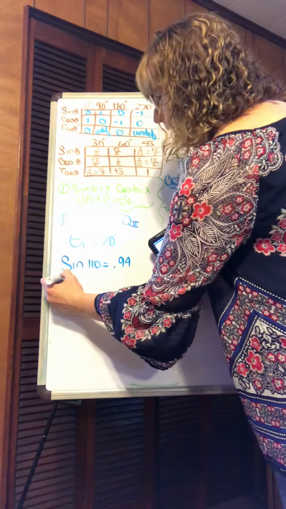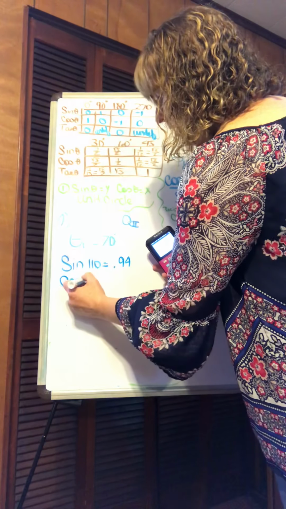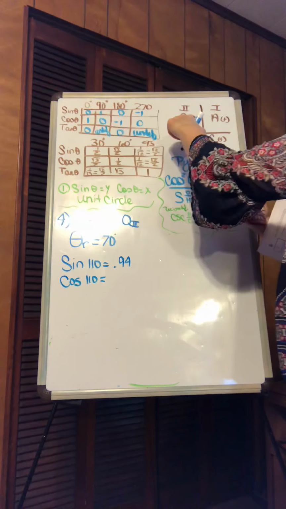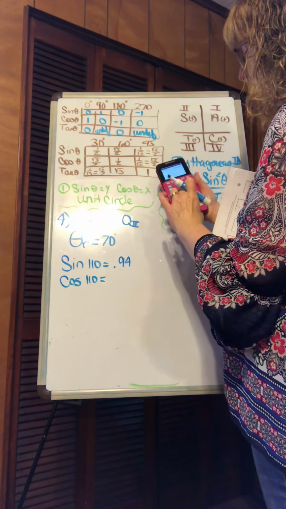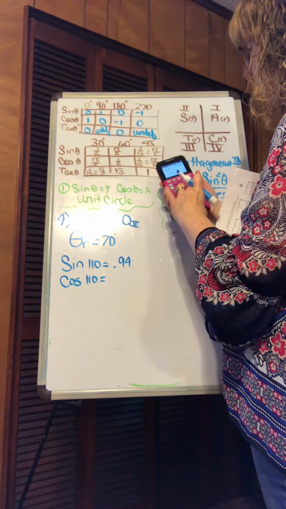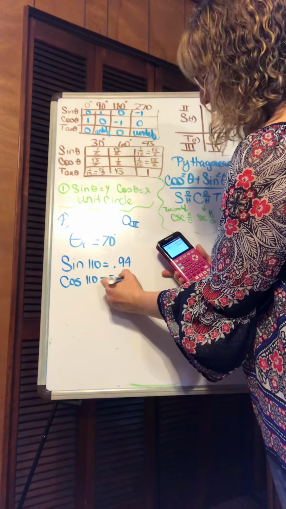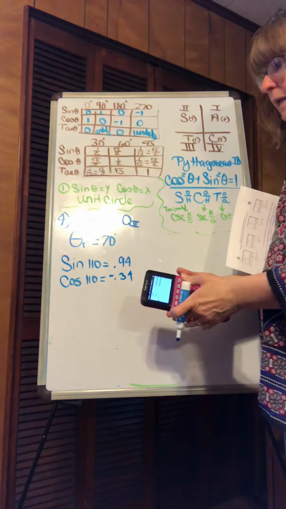And if I typed in the cosine of 110, this should be negative because I'm in quadrant 2, which is sine's quadrant. So cosine of 110 gives me negative 0.34, which would make sense.